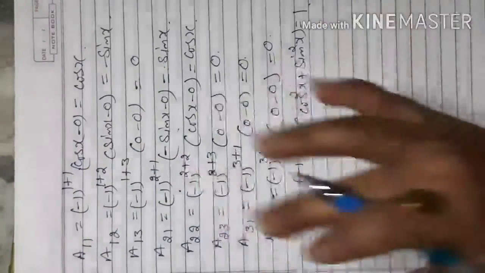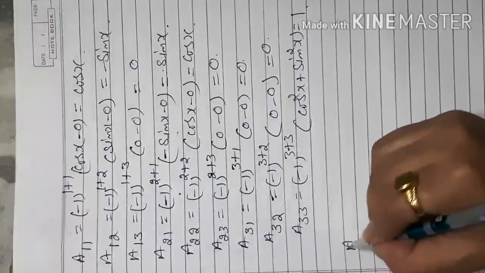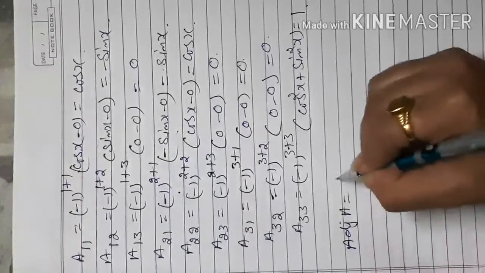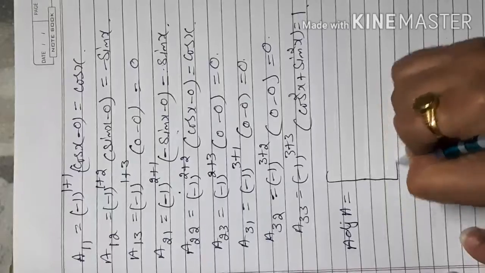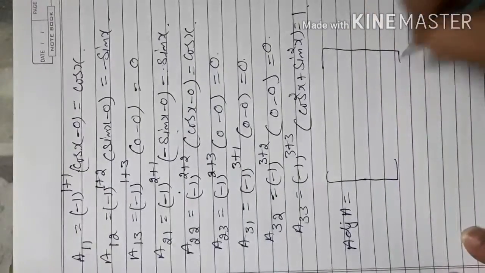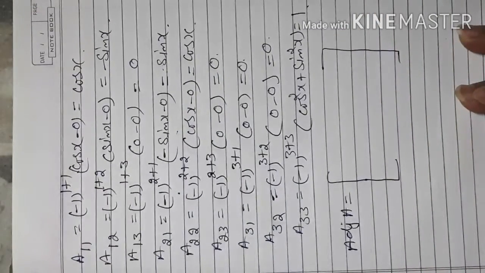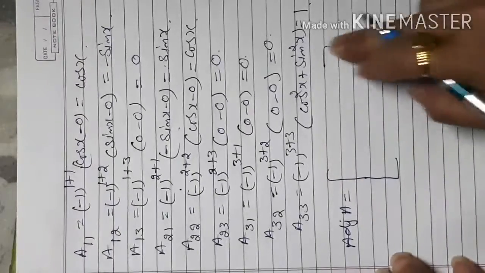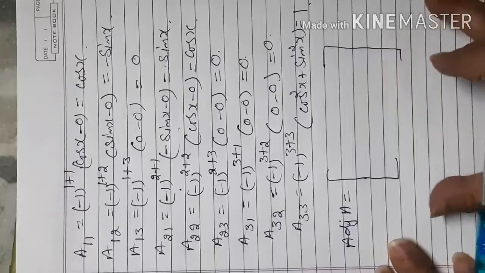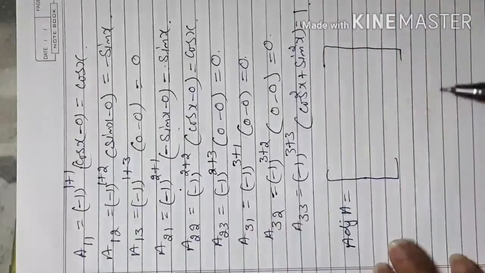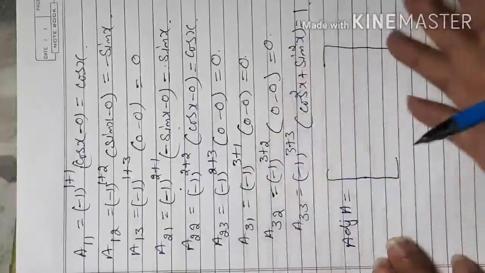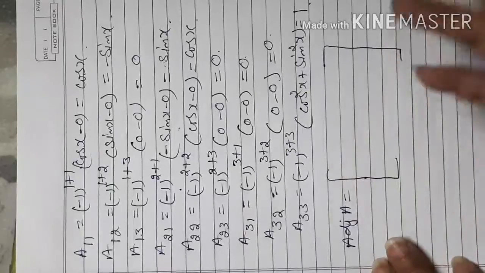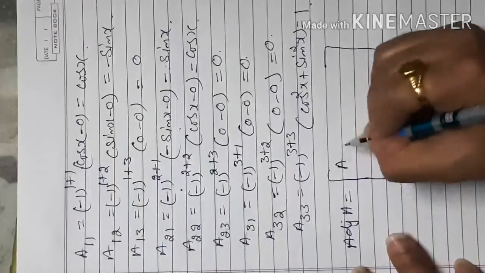Okay, so after getting this, now we have to write the adjoint A. Adjoint A is, now you convert these, replace the element in the form of cofactor, and the determinant bracket changes to square bracket, because when you find the cofactors of the determinant, when you write the elements, you convert back into the matrix form according to the rule.